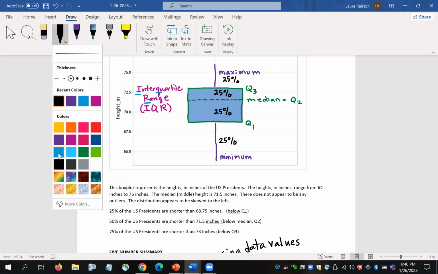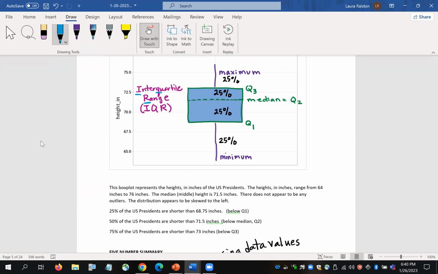Let's go light blue. So from Minitab, I know that Q1 is 68.75, Q2 is 71.5 and Q3 is 73. Those are like cutoffs or benchmarks.